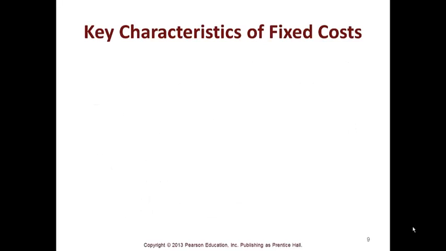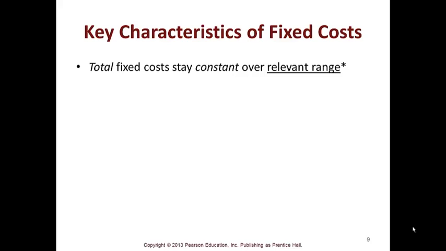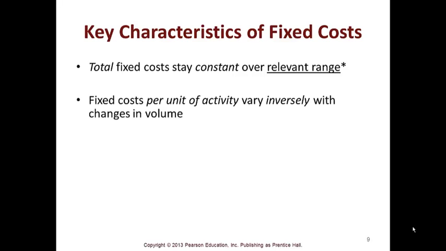The key characteristics of fixed cost are that total fixed costs stay constant over a relevant range. So fixed costs per unit of activity vary inversely with the changes of volume. If you think about an example, when you build a car, there's going to be a certain amount of fixed cost no matter how much time it takes to build the car.